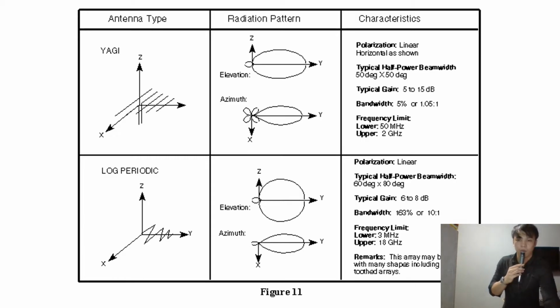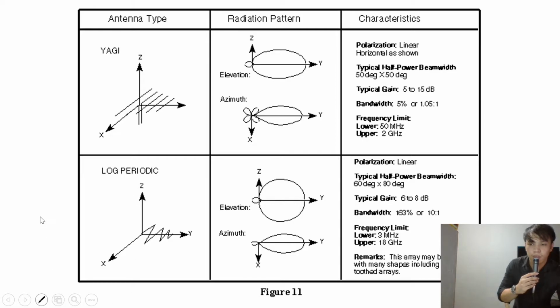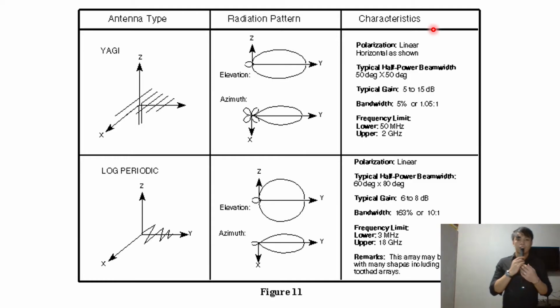So here we can see the Yagi-Uda antenna and the log periodic. This is the radiation pattern of the Yagi-Uda antenna, and this is the radiation pattern of the log periodic. So the characteristics of the Yagi-Uda antenna: its polarization is linear horizontal as shown, the typical half power beamwidth is 50 degrees by 50 degrees, and the typical gain is 5 up to 15 decibels.